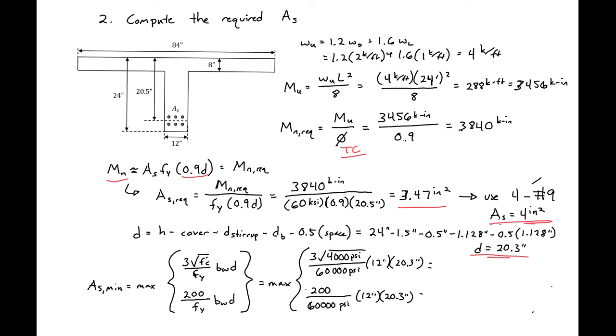And we'll get these values to be 0.77 square inches and 0.81 square inches. So we can see that the maximum of these is 0.81. So we need at least 0.81 square inches, and we have 4 square inches, so we're okay here.